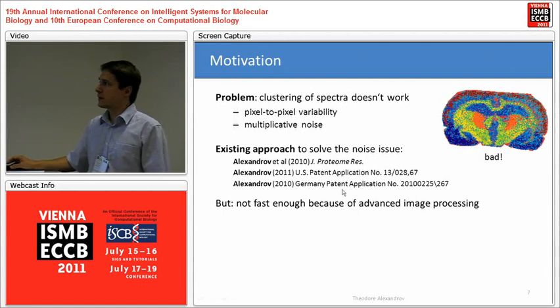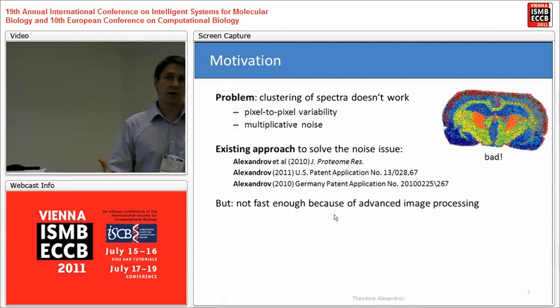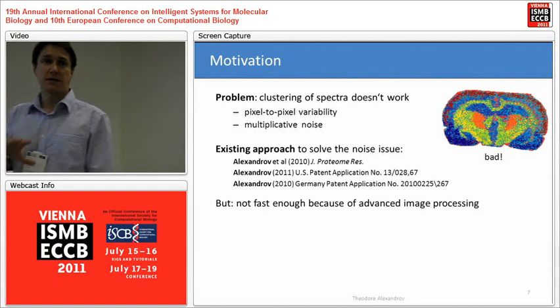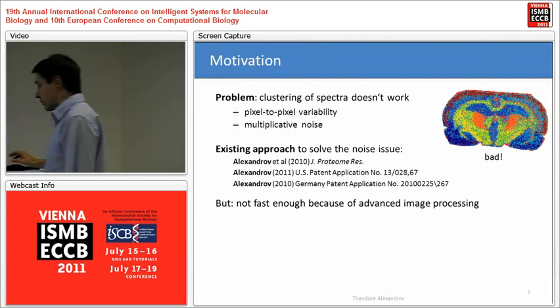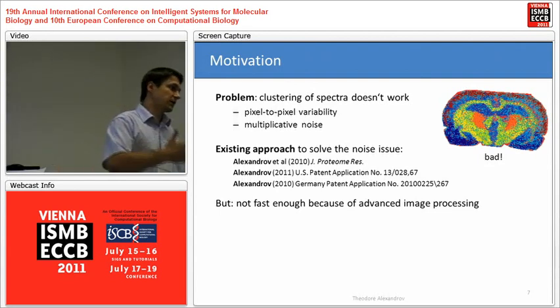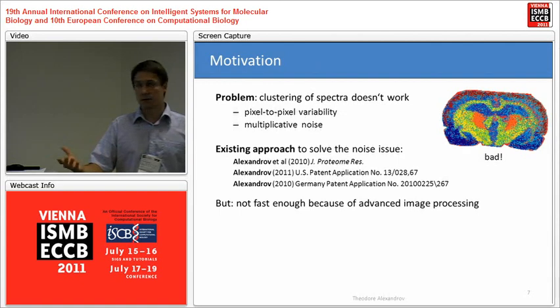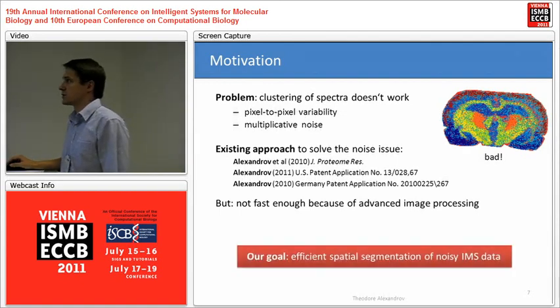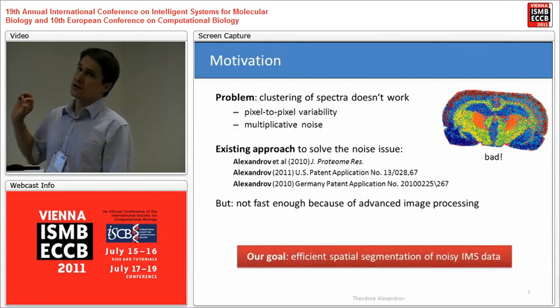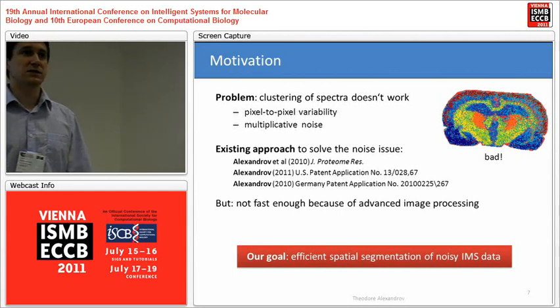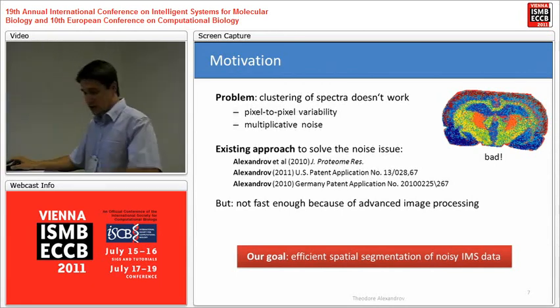We have 2 patent applications, nice, but it's not fast enough. Okay, it's fast enough for current state-of-the-art databases, but soon it will not be fast enough, as was pointed out in the first keynote session. So we need efficient algorithms. The motivation for this work was to develop an algorithm for efficient spatial segmentation of noisy IMS data.